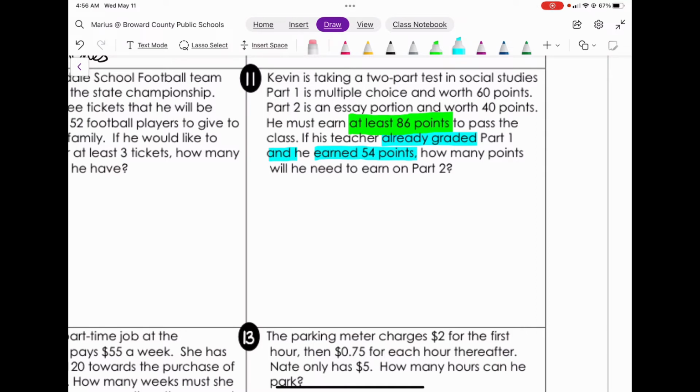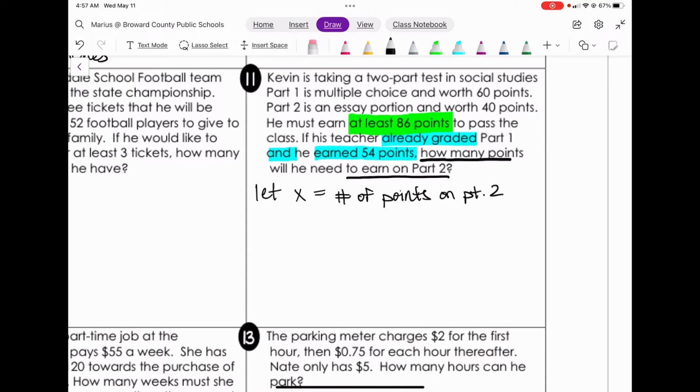Okay, so let's see here. We have to define our variable, and it says how many points will he need on part 2. So we're going to say let x equal the number of points on part 2.